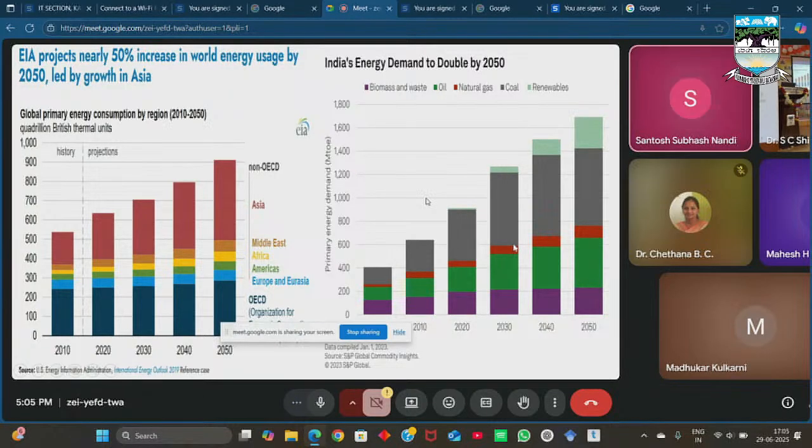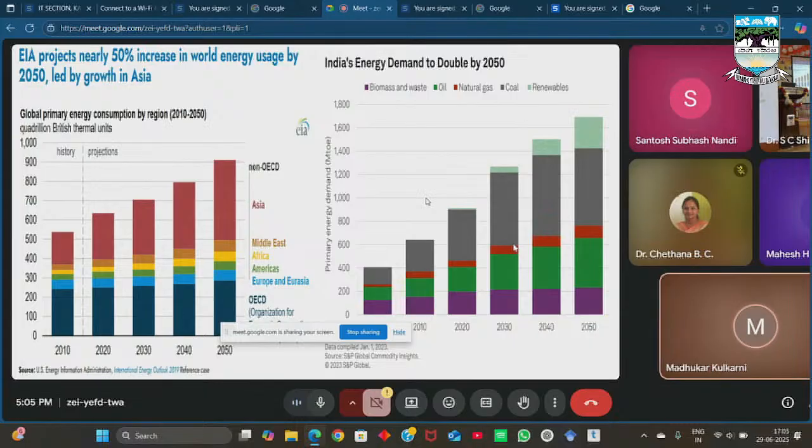So this energy consumption is expected to grow at an average of 6.7% annually from 2024 to 2031, driving a sharp rise in energy demand.